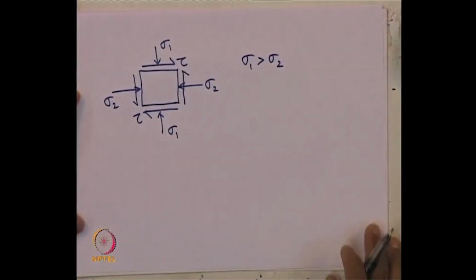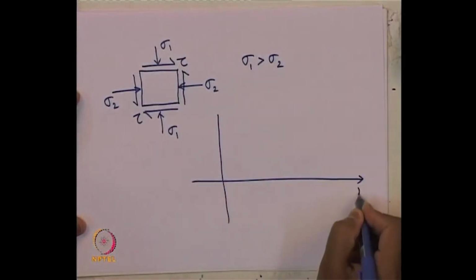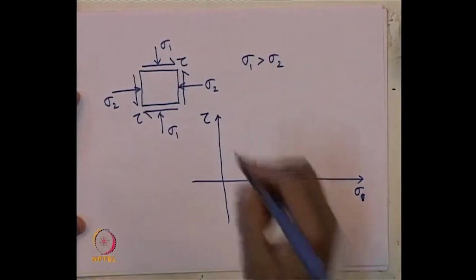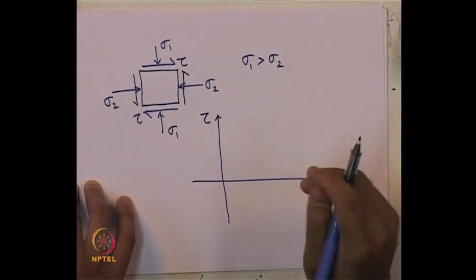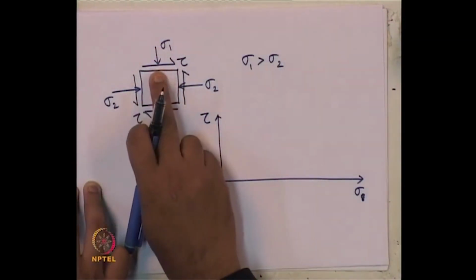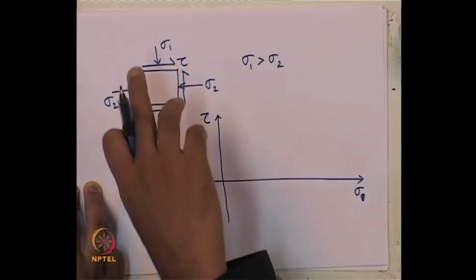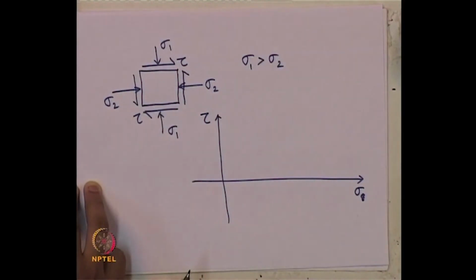If we want to draw this in the form of a Mohr circle, this is sigma, this is tau. So, sigma 1 greater than sigma 2, and the convention we can consider is anti-clockwise moment is positive. On the face where sigma 1 is acting, tau is creating a clockwise moment about the center of the soil element.